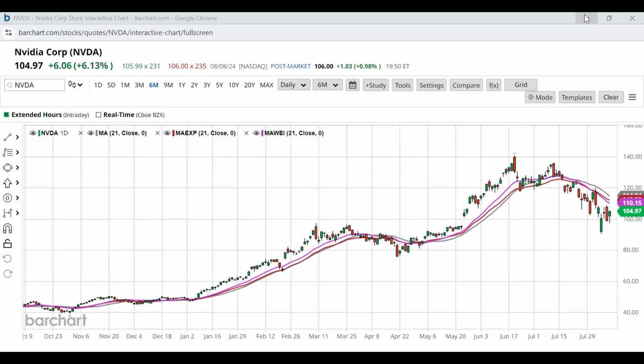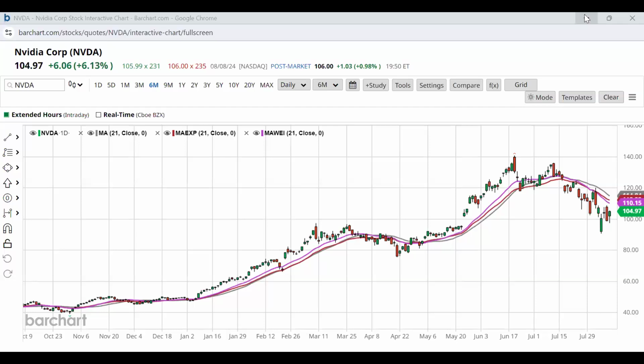And on indicator, you can search for moving average. So when I search for moving average, MA, here you can see it is an exponential moving average. It is a simple moving average. It is a weighted moving average. So what is the difference between this exponential, simple, and weighted? We will know more about it further.